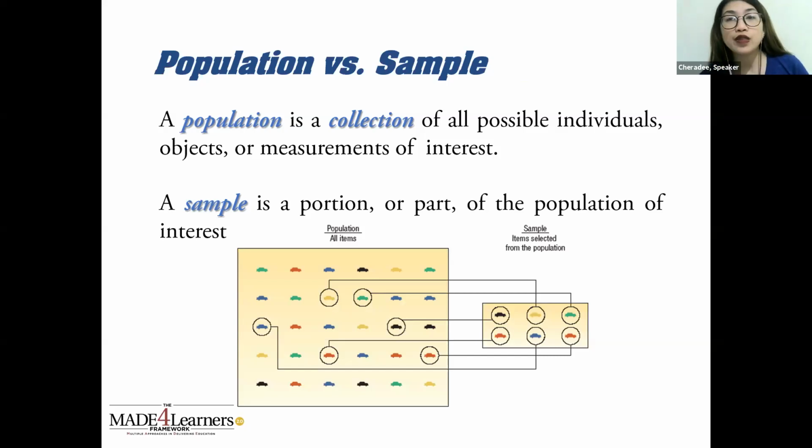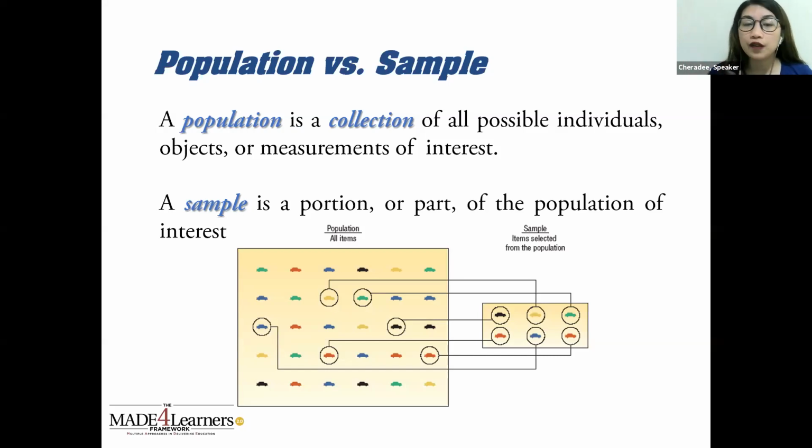Meaning to say, even though the number is small, so long as all the people or objects of interest are present in your study, it's still considered population. So for example, you want to know the average grade of grade 12 students in this section only.